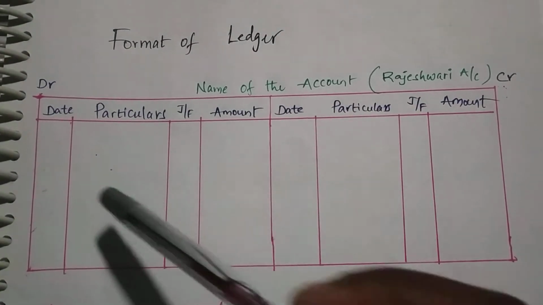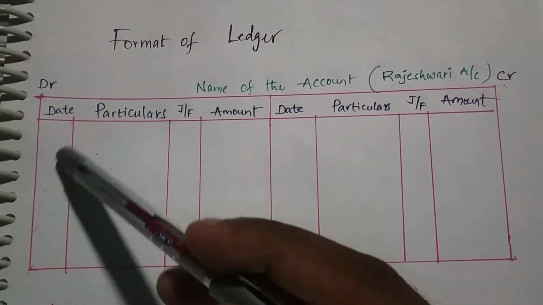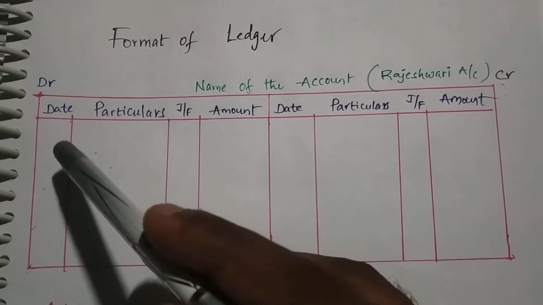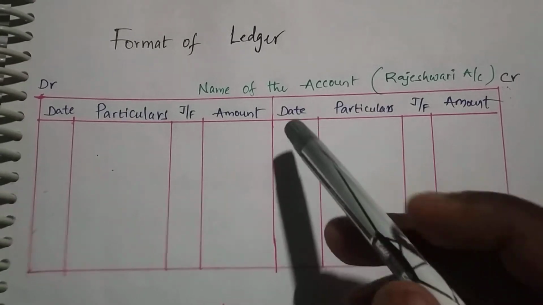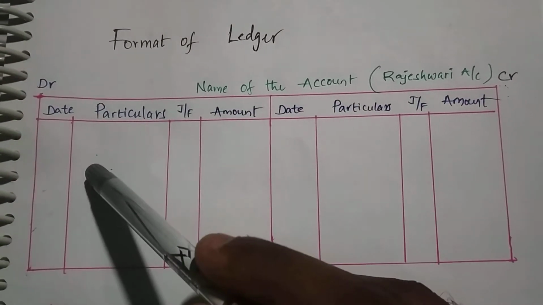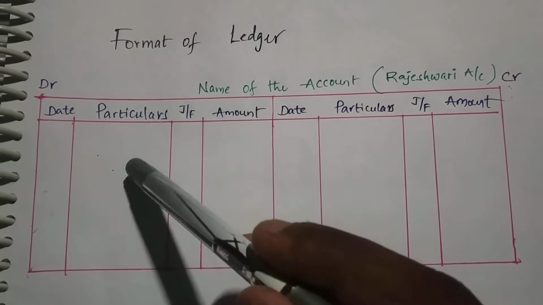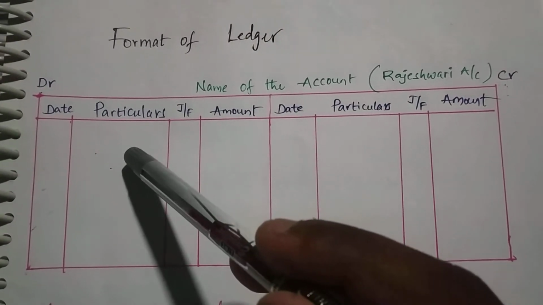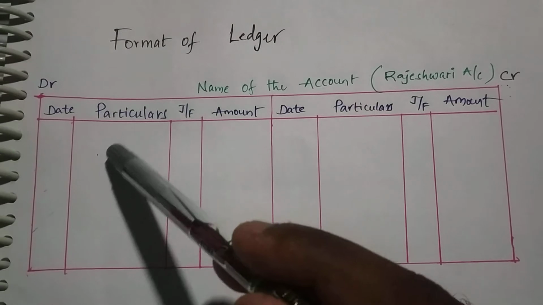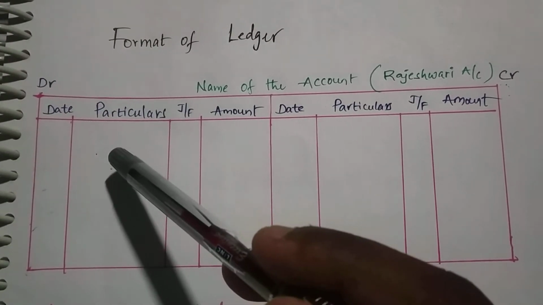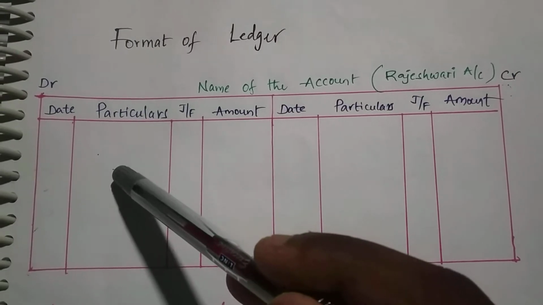The date of the transaction is recorded in the date column of the debit side or the credit side. The word "To" is used before the accounts which appear on the debit side in the particulars column.